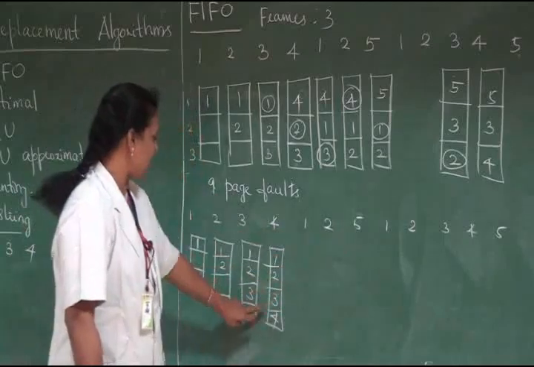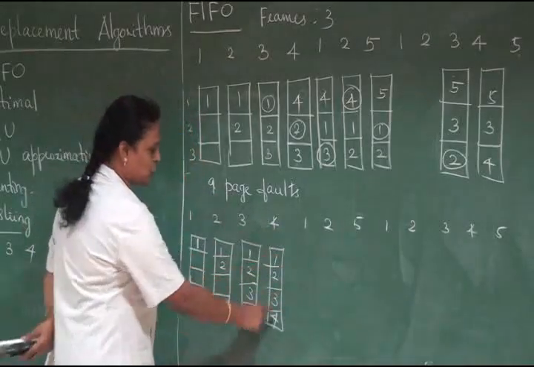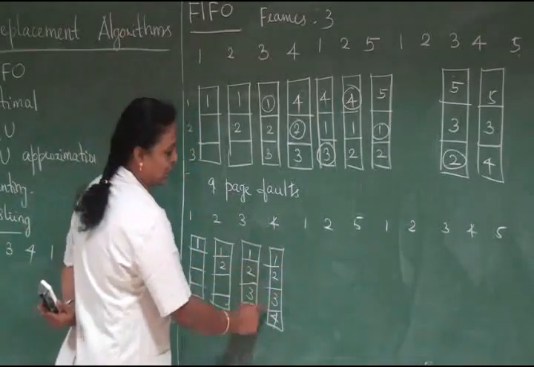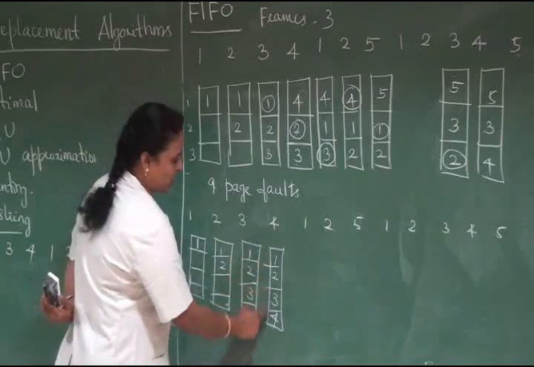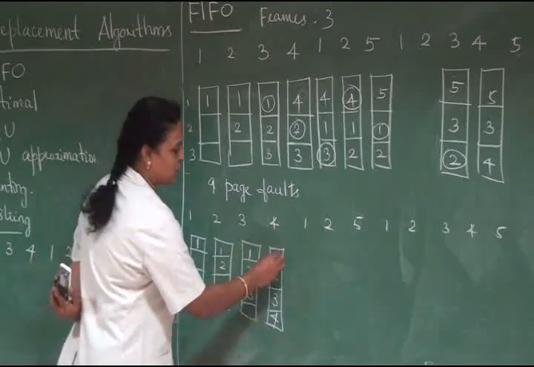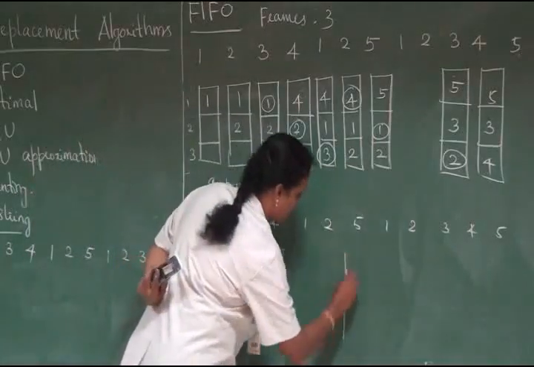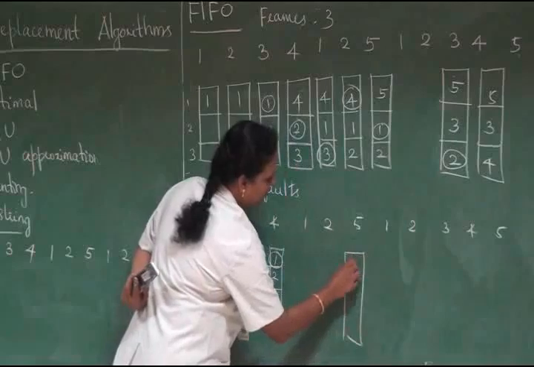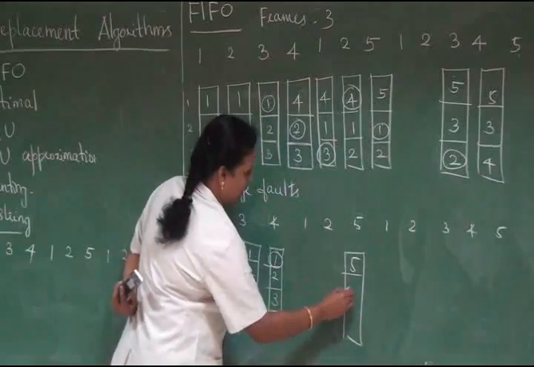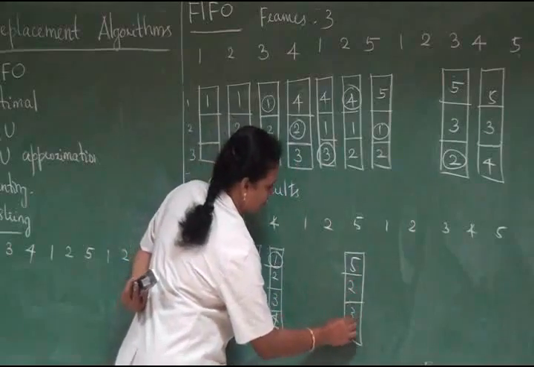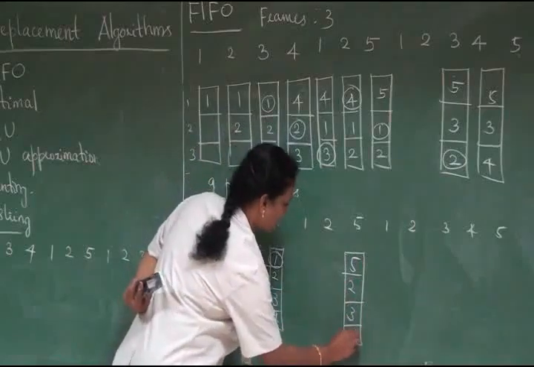Then it wants to access 5, which is not available, so it has to go for page replacement and select a page for replacement. Among these 4 pages, the first entered page is 1, so 1 is selected as the victim page, and here we load page number 5.